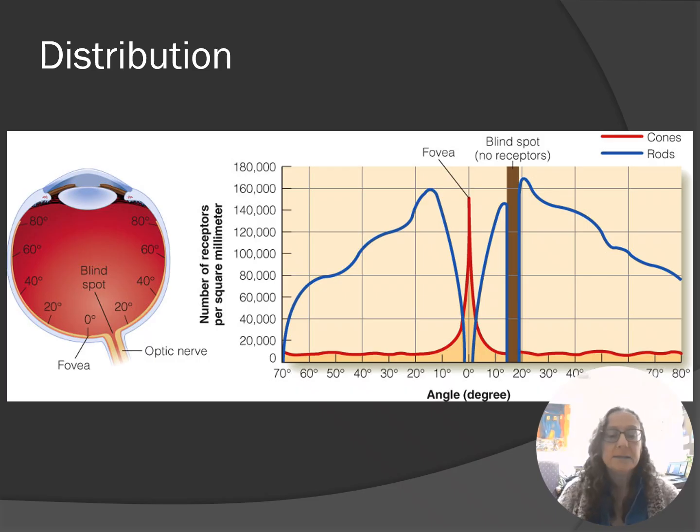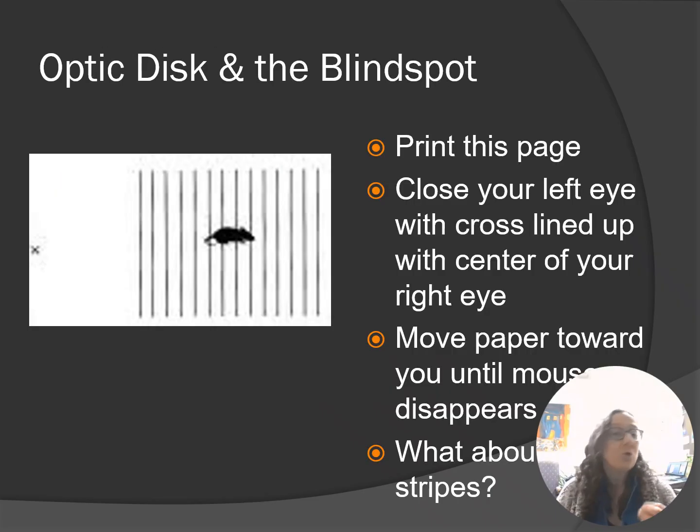I typically hand out a really quick and dirty, cheap example of us actually seeing our blind spot. If you want to become aware of your blind spot, you can print this page up whole, close your left eye, and then line up the cross so that you're looking at it with your right eye, and move the paper towards you until the mouse disappears.